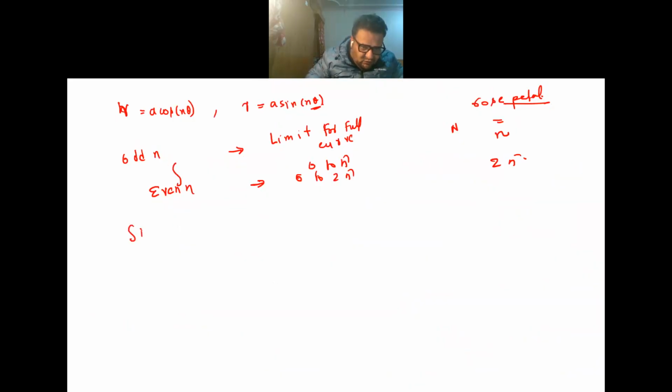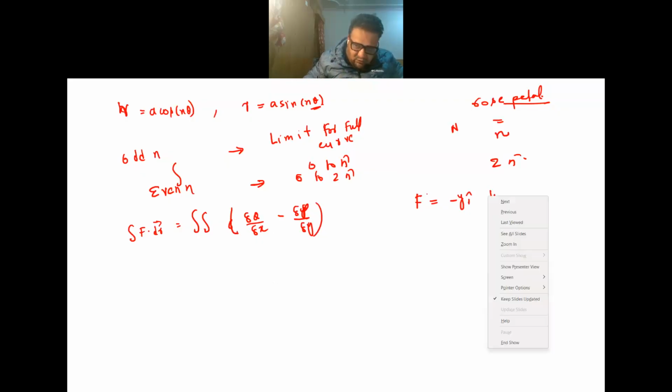When I put these values inside the bracket, I had ∂Q/∂x minus ∂P/∂y, and I saw the value of F is equal to minus y i plus x j, correct? When I wrote these values, minus y was equal to my, if you look at the right hand side of the Green's theorem, right?